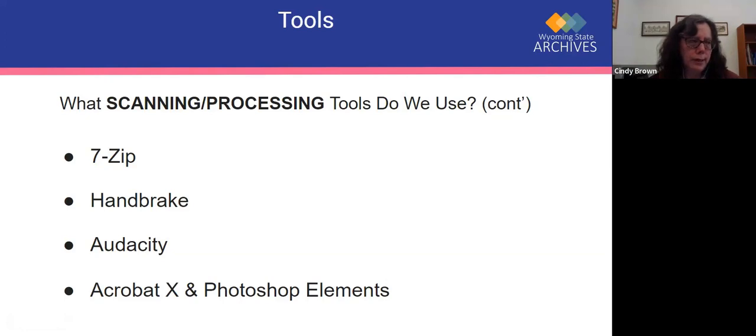I found that if for some reason the video format had more than one track, it had a tendency to not get the second one. And that could just be my ignorance in how I set it up. But Handbrake's a really good, easy way if you need to create an MP4 of an MOV file or some type of film format.